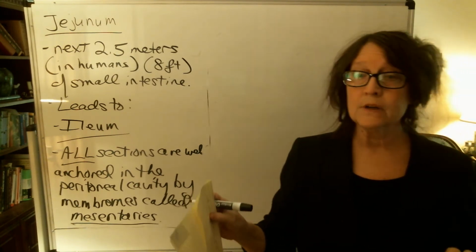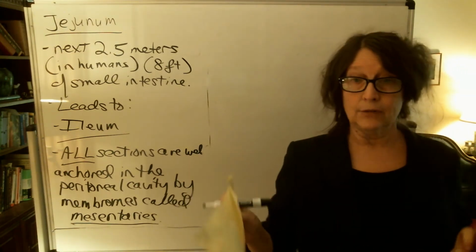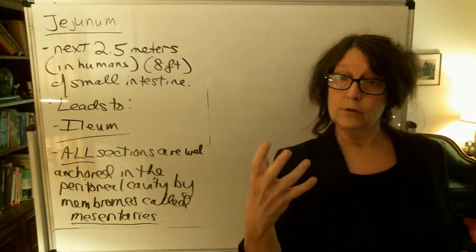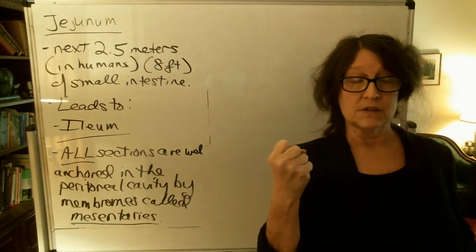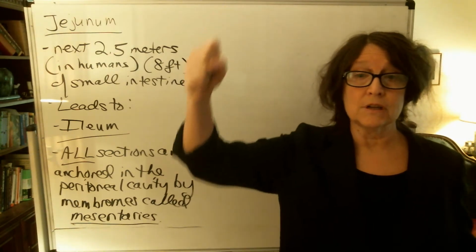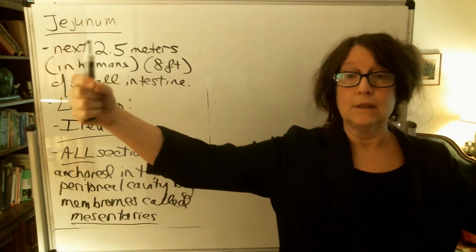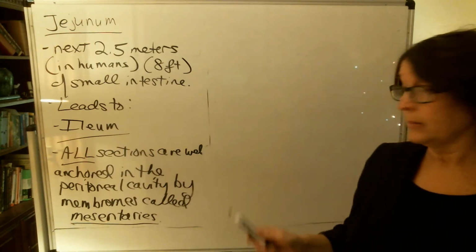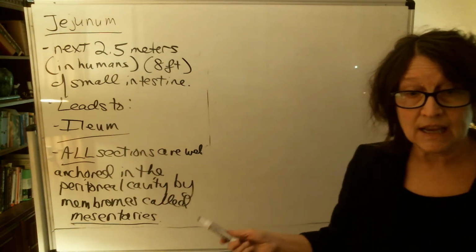So mesenteries are clear membranes. If you dissected a frog in high school or anything like that, you may have noticed this membrane that was grabbing onto the small intestine. A lot of people just kind of pull it apart in order to see the whole length of the small intestine. But those membranes are incredibly important. Those are the mesenteries then.